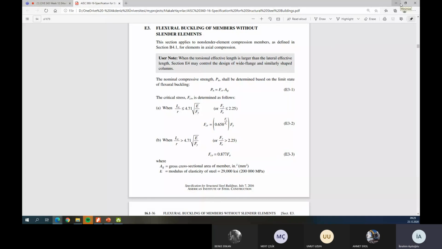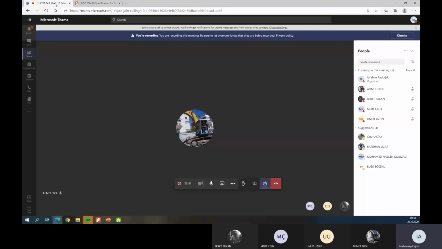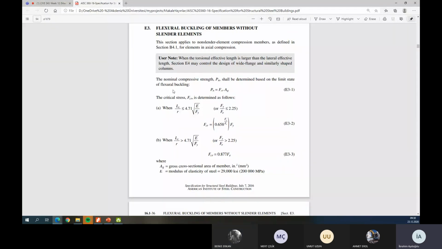Maybe some of you ask me, Hocam, in the Turkish standard, what kind of formulation will we use? Of course, we are also using the same formulation.